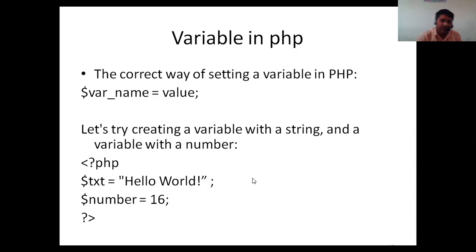Whenever we print the values on the page, your hello world and your number will be printed on the main page. To print the values, we use echo $txt and echo $number. So please remember that. This is the example of how we can specify a variable in PHP. We define the variable name with the dollar sign, like $txt.